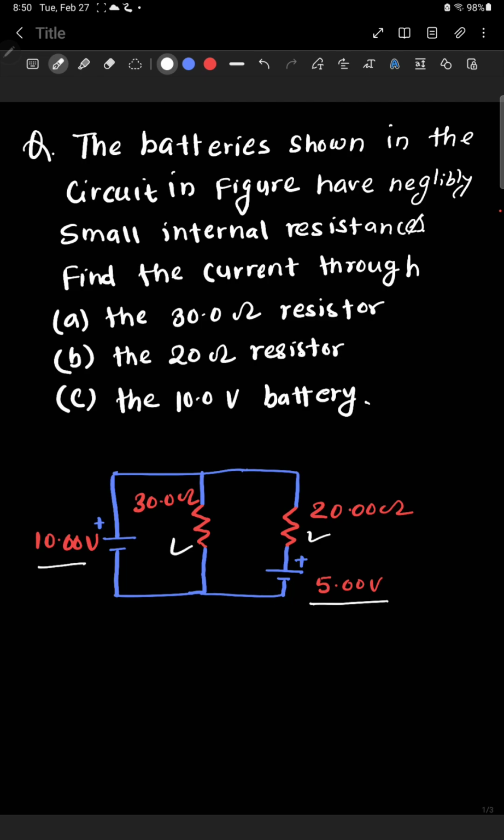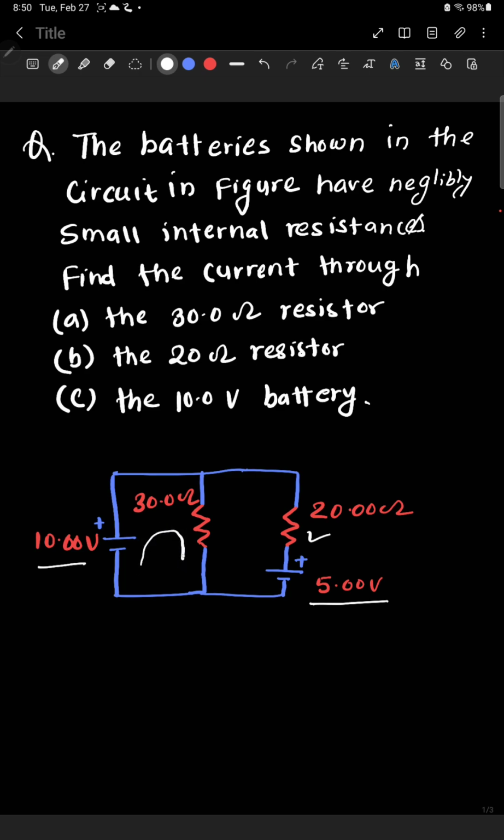So first of all, we have to determine how many loops there are here. To find the equation for a particular loop, we can apply Kirchhoff's second rule, which is called the loop rule. I'm going to go clockwise.